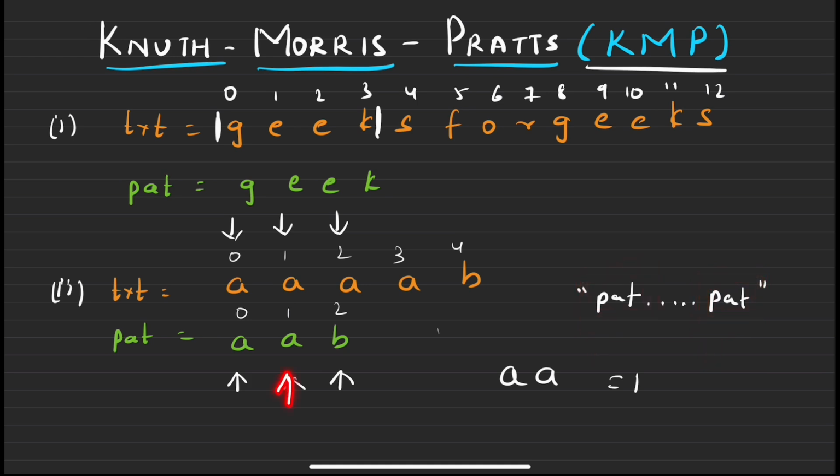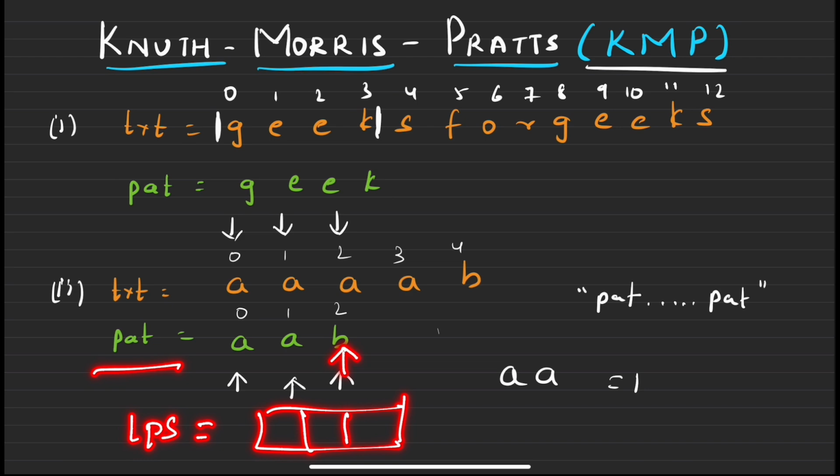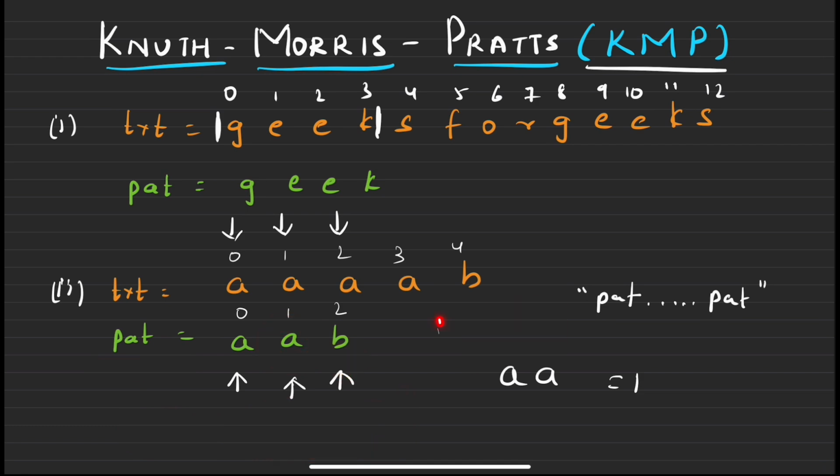So to smartly backtrack to a particular position instead of starting from the 0th index, we need to store the pattern, right? So that will create an LPS array of the same size as the pattern, and we'll store the index. That is, if we are at this index, at which index do we need to backtrack, either to the starting index or to the particular index where our LPS pattern has been matched, right? So let's see how we can generate the LPS array.